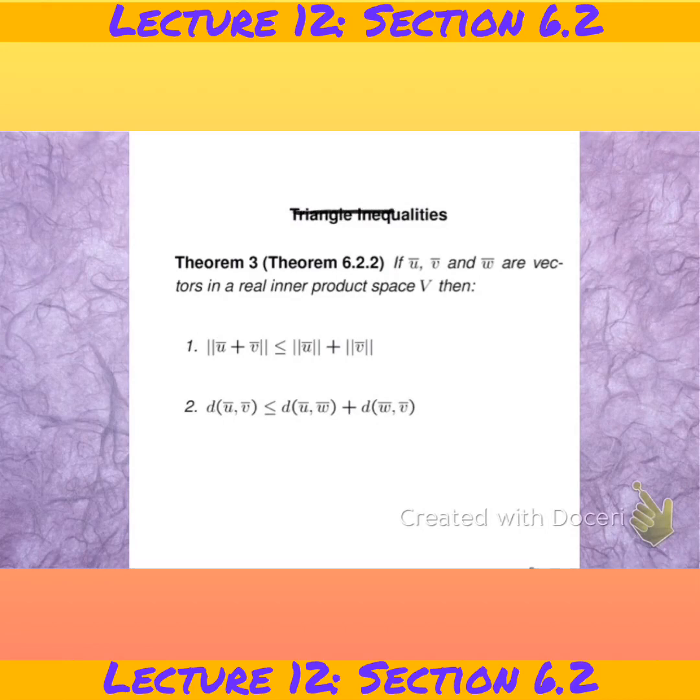Next up we've got triangle inequalities. Just like for the dot product, we can also derive the same inequalities for the inner product in general. The triangle inequality holds for inner product spaces in general, so the norm still satisfies this inequality.